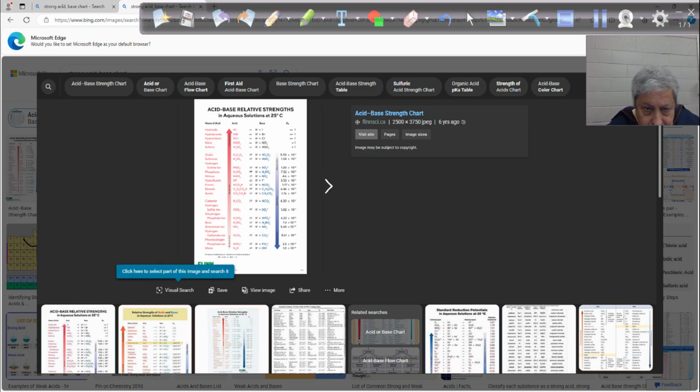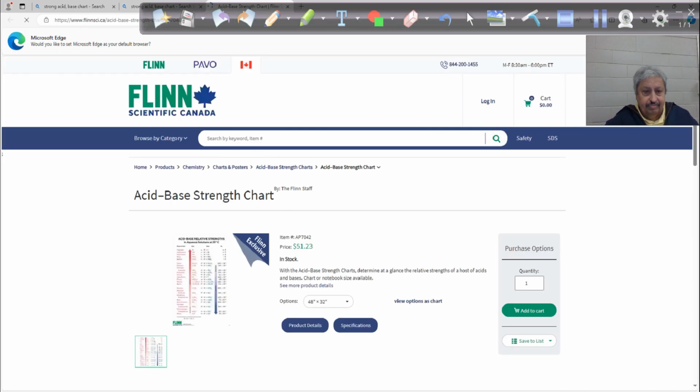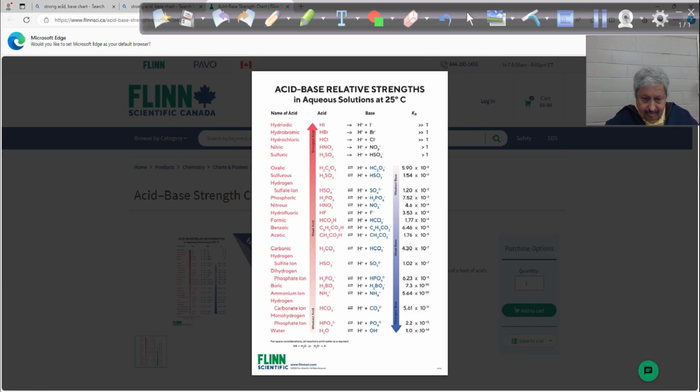Okay, so the Ka value, correct? And that's the acid, and the Kb the opposite.